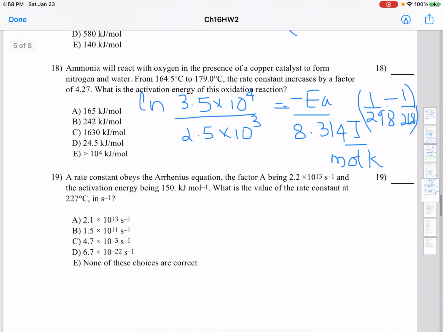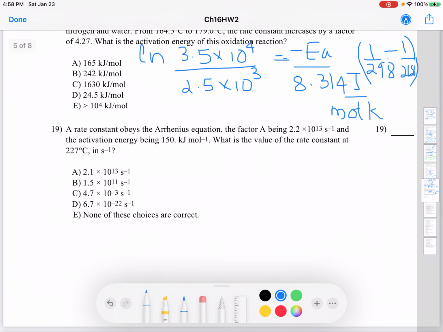When you are performing the calculation, first get this part before you get the ln: 3.5 times 10 to the power 4 over 2.5 times 10 to the power 3. Do that in your calculator. That will give you 14.